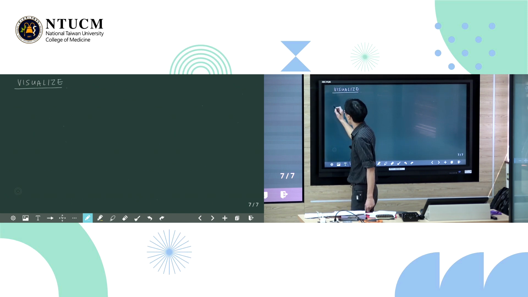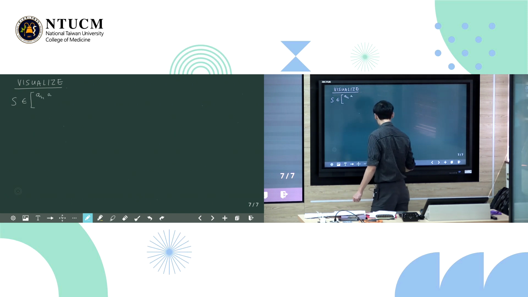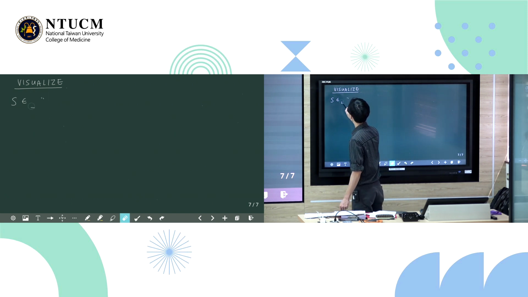Okay, so note that my S is elements AI1. Oh, let me do it vertically.